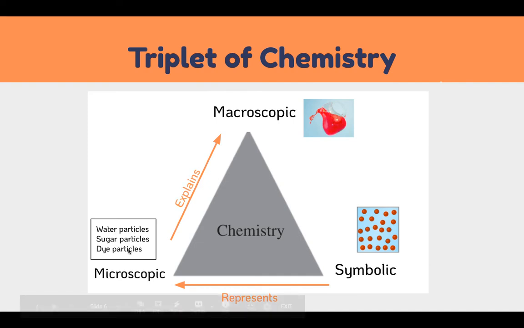And then what's happening on this microscopic level can explain what we are actually seeing with our eyes. So why is it red? Well, because there are dye particles in the solution. Why does it taste sweet? Because there are sugar particles in the solution. So even though we can't see that with our eyes, it's a microscopic level, it helps explain what we do see on the macroscopic level.